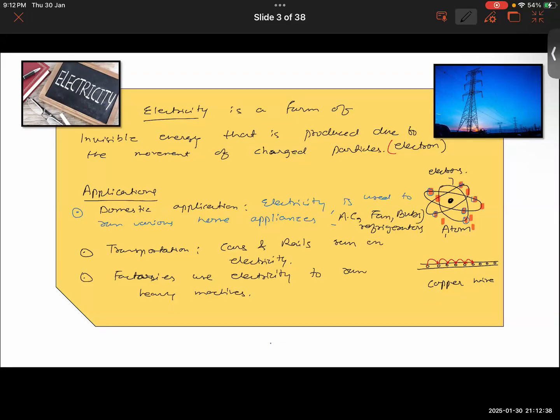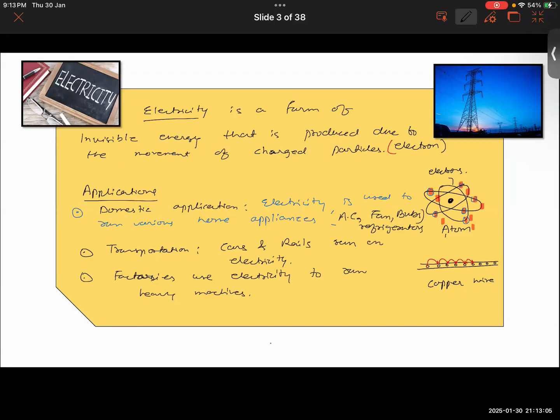Okay. Yes, Ayush, what do you understand by open circuit? What do you mean by open circuit? A circuit in which the path is broken, due to which the electric current cannot flow.